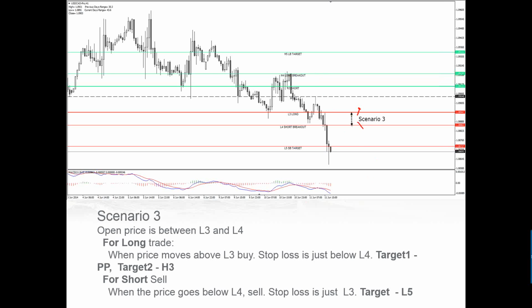There is no other rule for scenario 3, guys. Carolyn asked the question. So there is no deviation from this rule. Between L3 and L4, if it goes above L3, we buy. If it goes below L4, we sell. Okay.